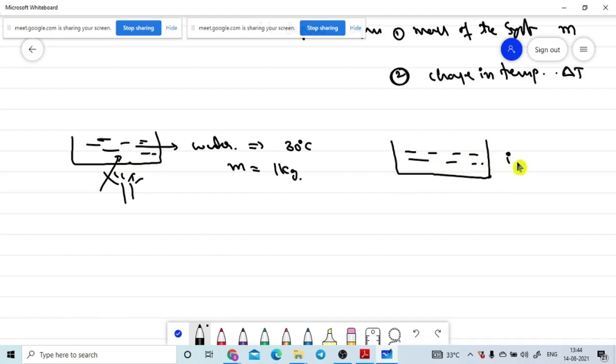The mass of the oil is also 1 kilogram, and the initial temperature of the oil is 30 degrees Celsius.